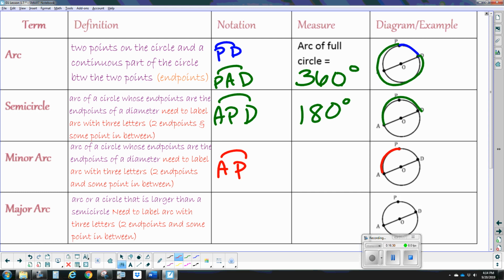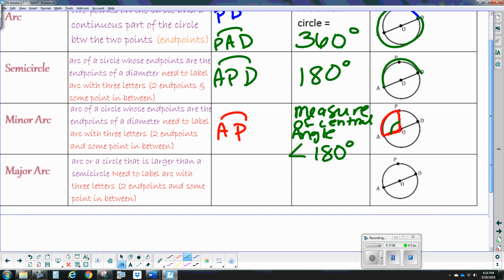And the measure of the arc is going to be the measure of what we call the central angle. Okay, and in a minor arc, it's going to be less than 180 degrees. And it would be this angle right here.